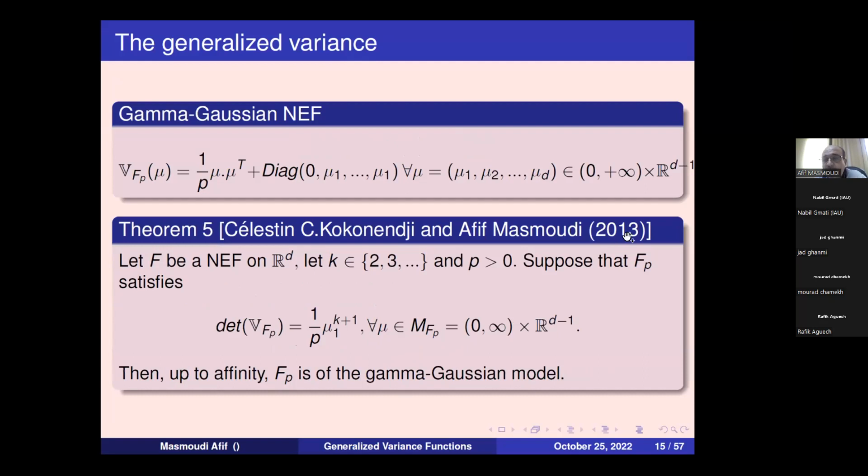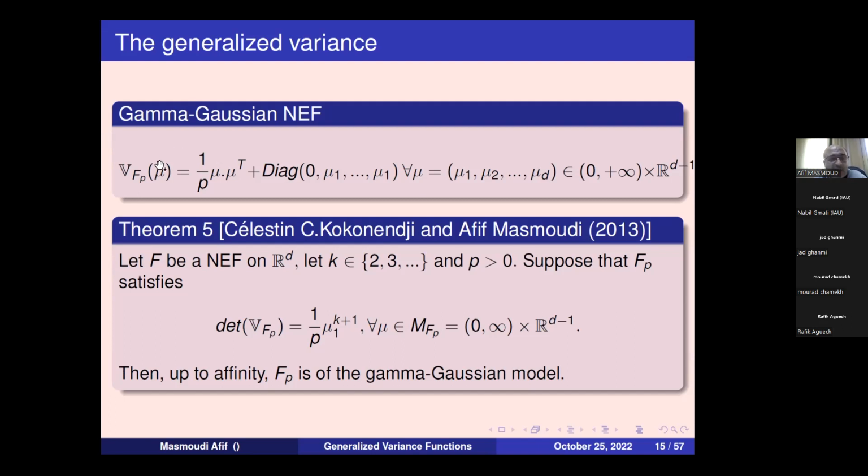In 2013, we characterized the gamma Gaussian natural exponential family. So what is the gamma Gaussian? A random vector X is gamma Gaussian distributed if the first component X1 is gamma distributed and the conditional distribution of the other components given X1 is Gaussian distributed.